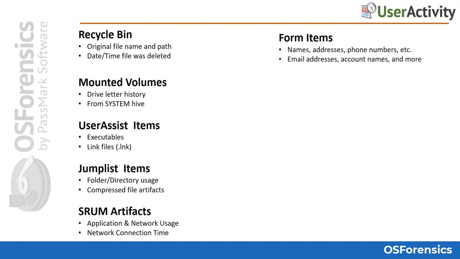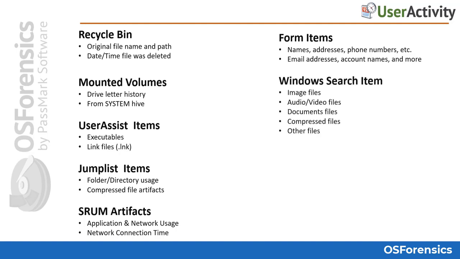Form items. This displays all stored form history from numerous web browsers, including IE and Edge, Firefox, Chrome, Opera, etc. So names, addresses, phone numbers, and more can be recovered. The Windows search item, like I said, just a few slides back, displays the parsed contents of that windows.edb file, which is an ESE database file.